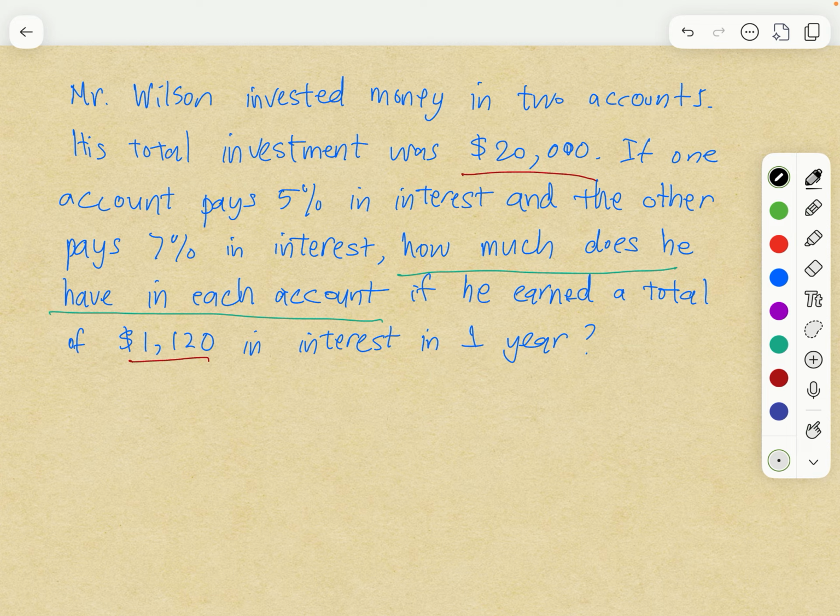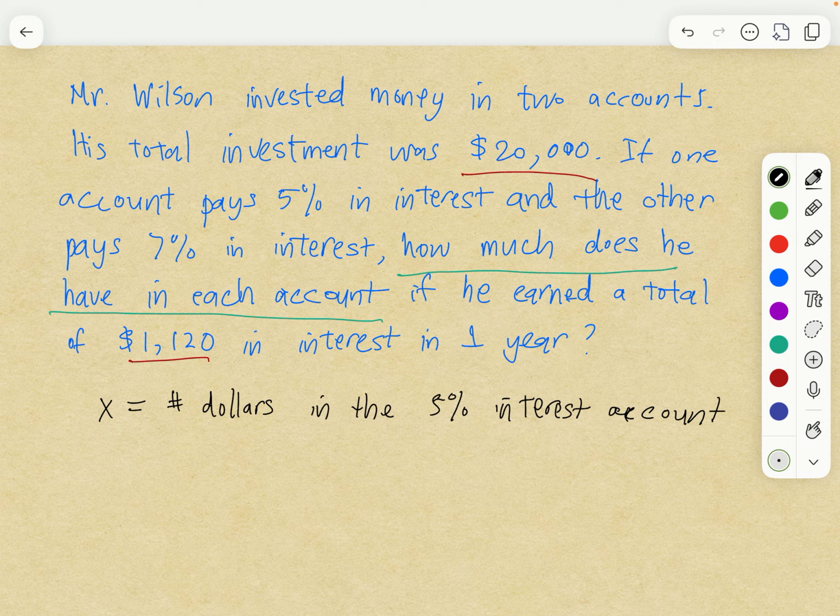So first, let's define a variable. One of them is the amount that he has in the 5% account. So let's say that X is the number of dollars in the 5% interest account. Well, then the rest is in the 7% interest account, right?